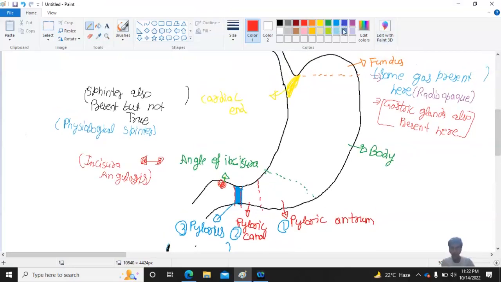Now here a canal is also present, which is like this. This is called the gastric canal.